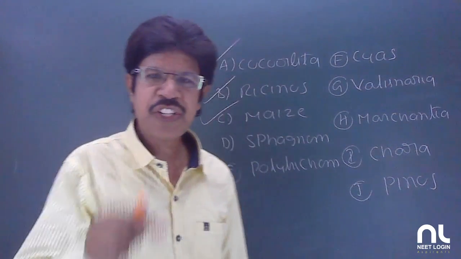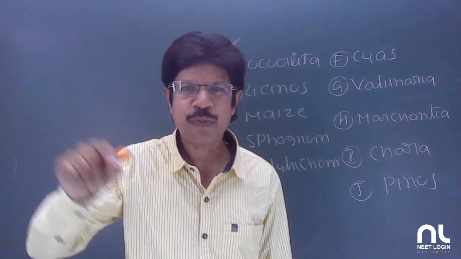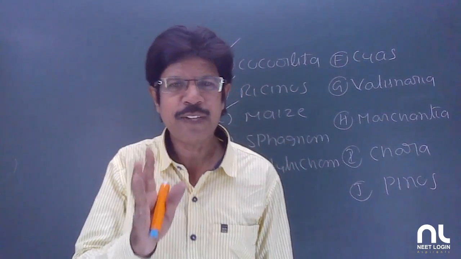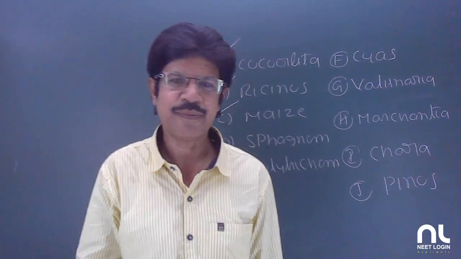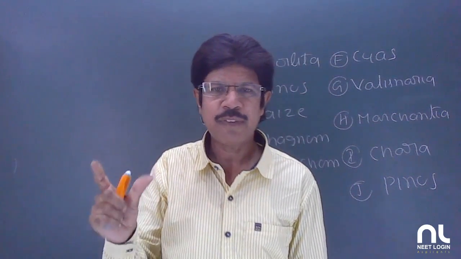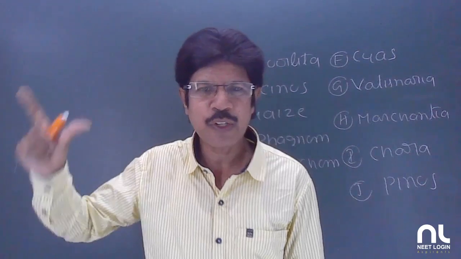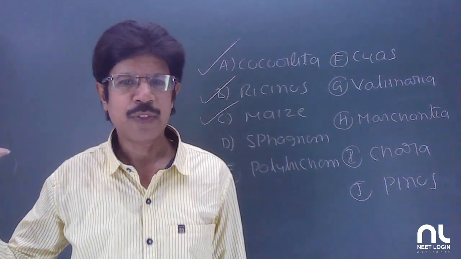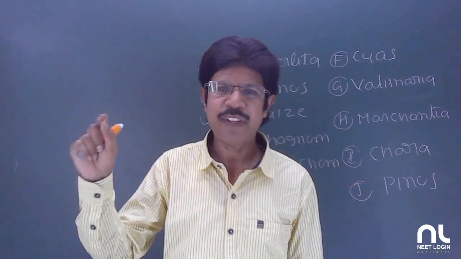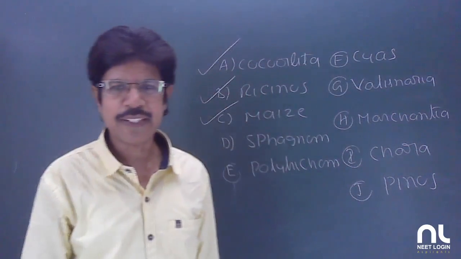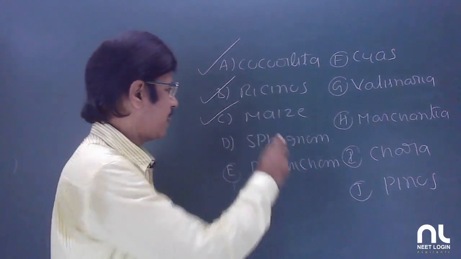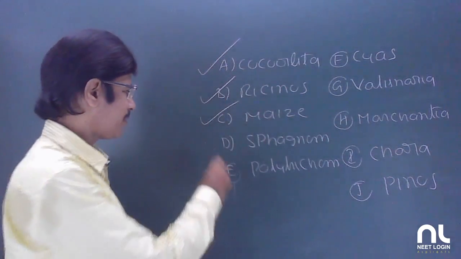Maize, monoecious sporophyte, but gametophytes are dioecious. Male flowers packed into male inflorescence, what do you call? Tassel. Long silky styles with stigma in the female flower packed into female inflorescence, what do you call? Cob. So tassel and cob, the male and female respectively, refer to maize. So monoecious sporophyte, dioecious gametophyte refers to maize.